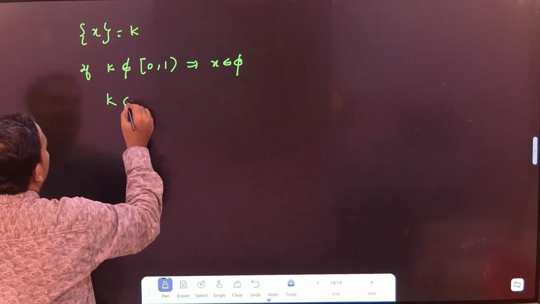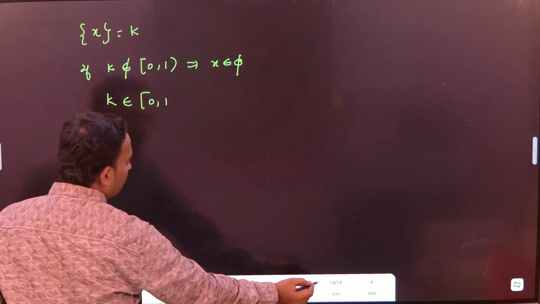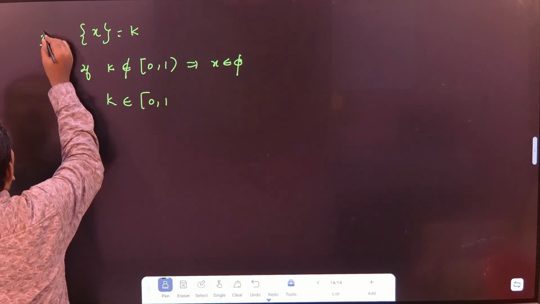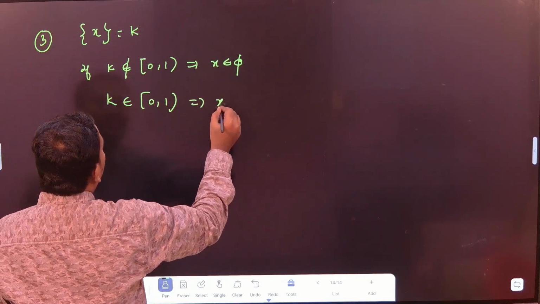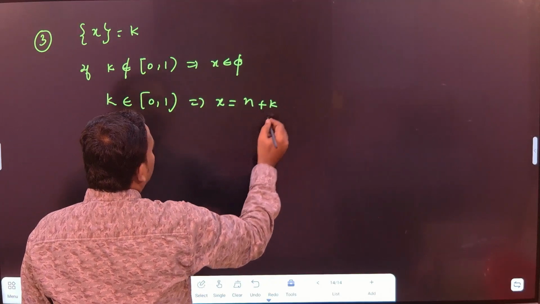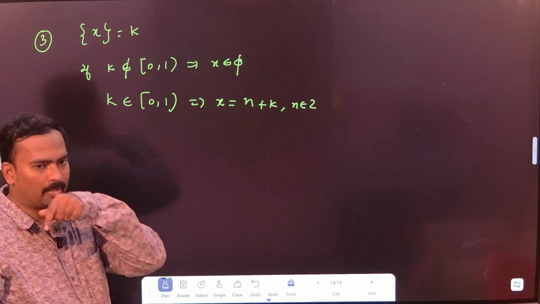Suppose k is in 0 to 1, this is the second case, you can take that. So if k is in 0 to 1, then how do we write x? So n plus k you can write, where n belongs to integers. Understood?